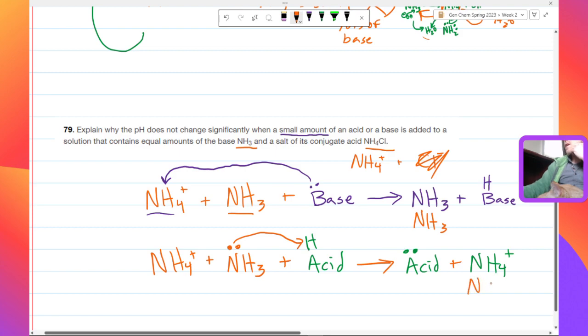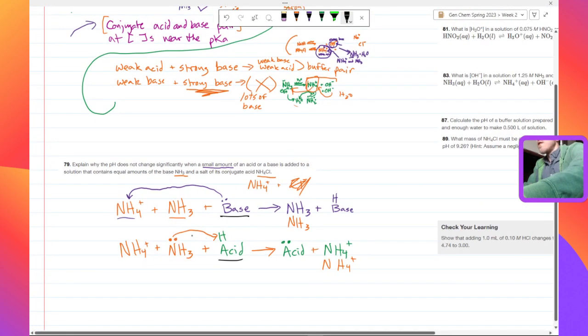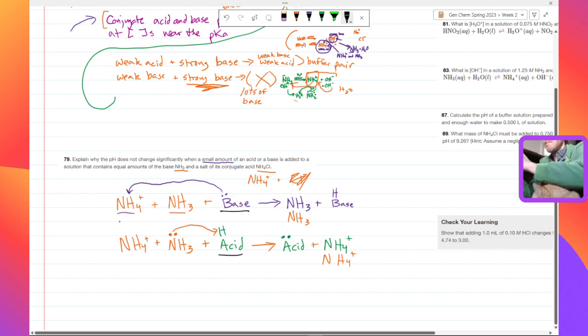And as long as we're only putting a small amount of the base or the acid in there, you're only going to slightly affect how much ammonium and ammonia there are in there.